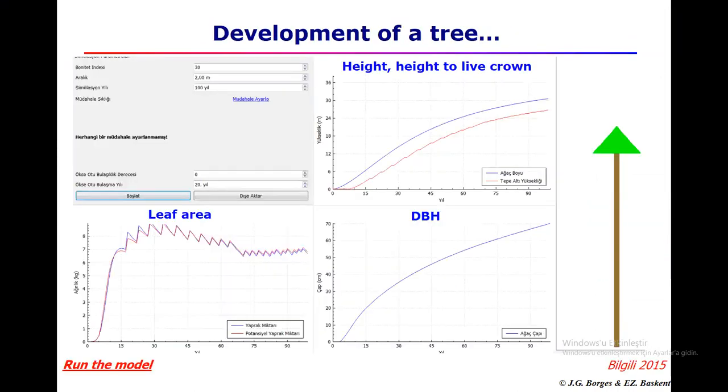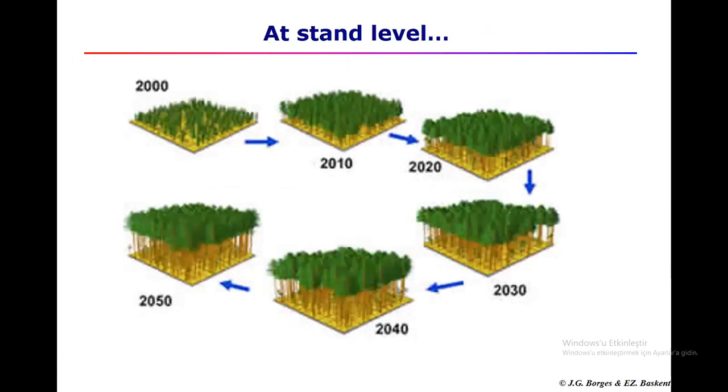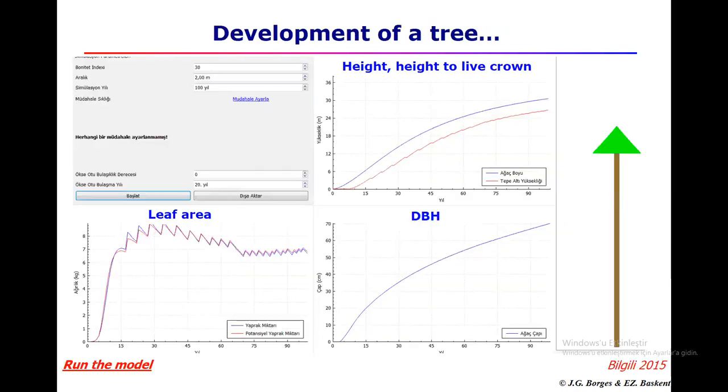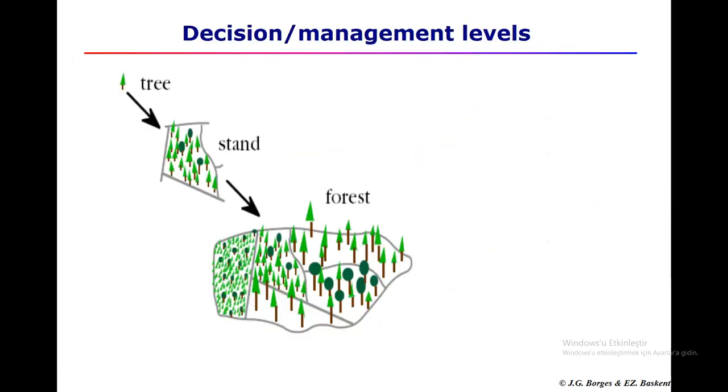We talked about different aspects to get a good handle on what we mean by a tree, a stand, and a forest. Just remember that we will be making stand level management, not tree or forest level management. This is the reason why I showed this slide.